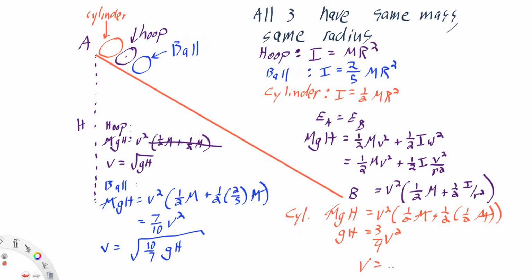So our velocity is equal to the square root of 4/3 gh. I will leave you to check this, but 10/7 is just a little bit bigger than 4/3. So the ball is going to win the race down the ramp. And we know that because it will be going fastest at the end of the ramp.